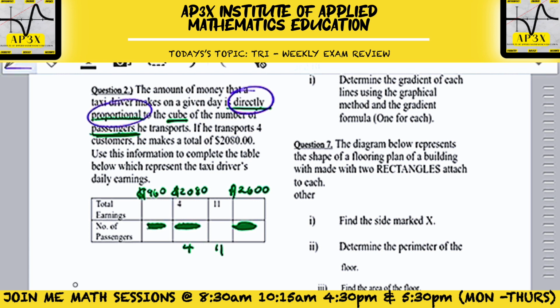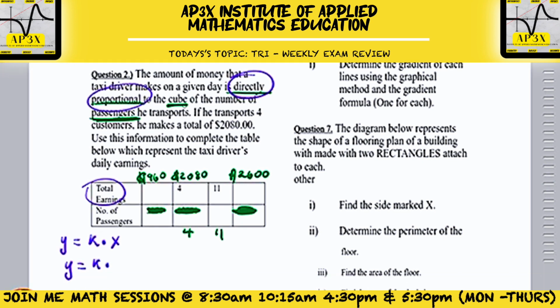All right, so traditionally then the usual formula is in fact y is equal to k multiplied by x. Let me just use a dot here. So it's k multiplied by x. So then you're going to find here that there's a change in the variable, because now it says that the amount of money that a taxi driver makes, the amount of money, that's going to be your y, that's the total earnings. So y is directly proportional to the cube of the number of passengers.